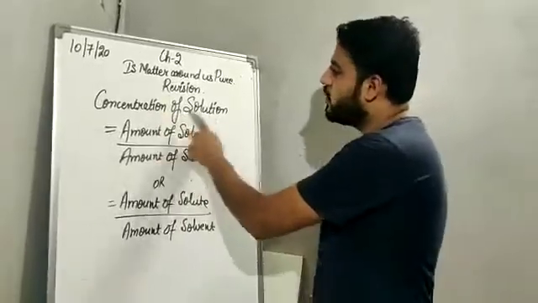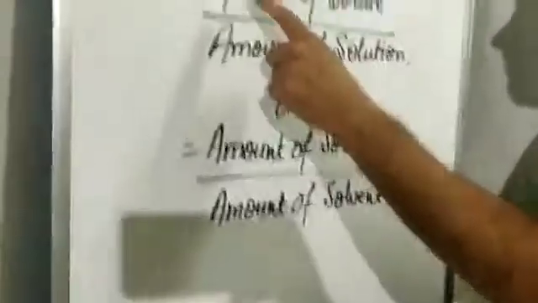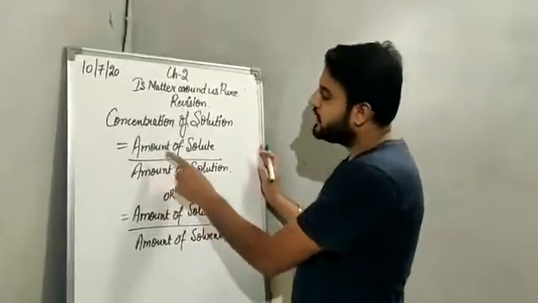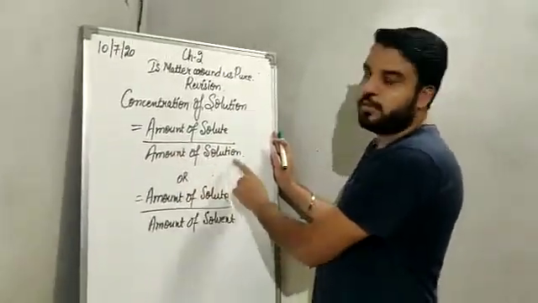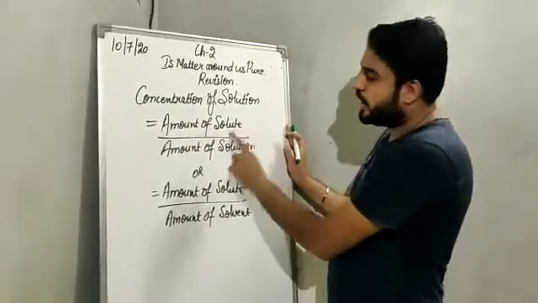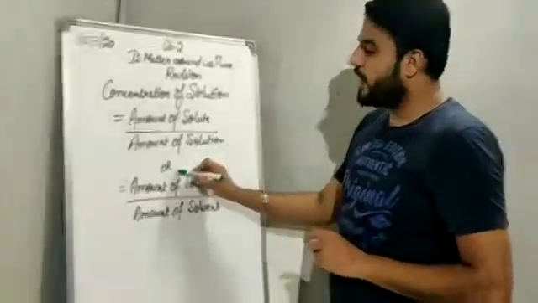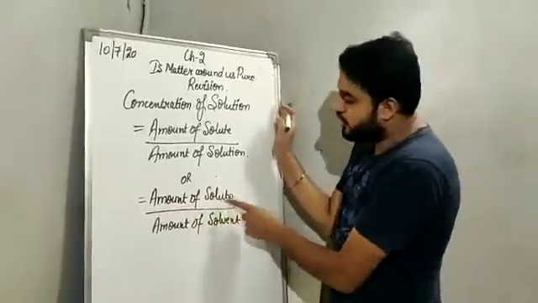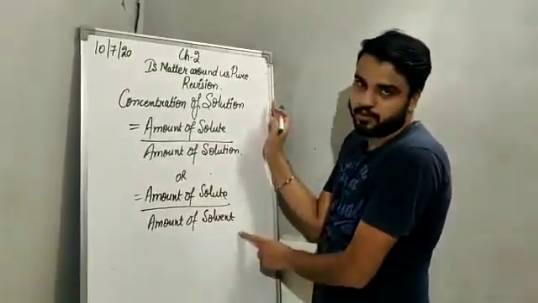So the concentration of a solution can be defined as the amount of solute. If we see it in terms of formula, concentration of solution is the amount of solute divided by the amount of solution, meaning how much solute is taken in how much amount of solution. Or, depending on the numericals, the amount of solute dissolved in a given amount of solvent.